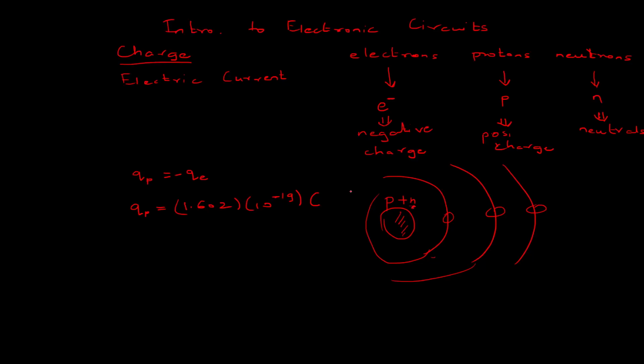Qe is going to be the same in magnitude, but with a negative sign: negative 1.602 times 10 to the power negative 19 coulombs. So that's the charge of a proton and the charge of an electron.